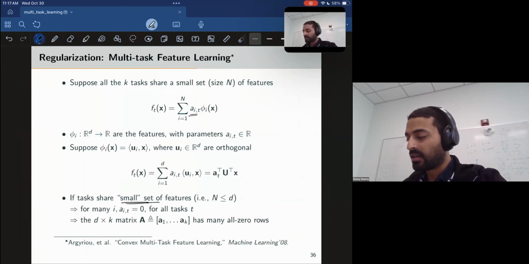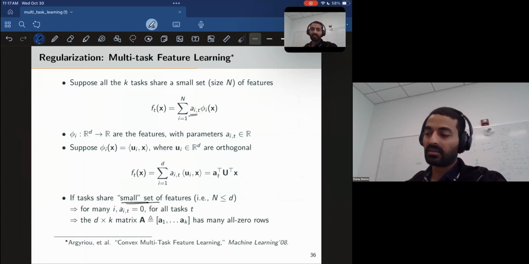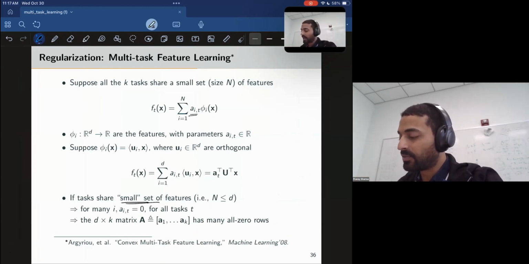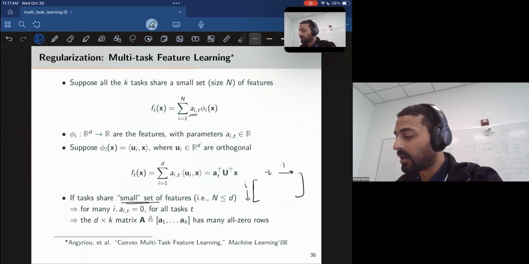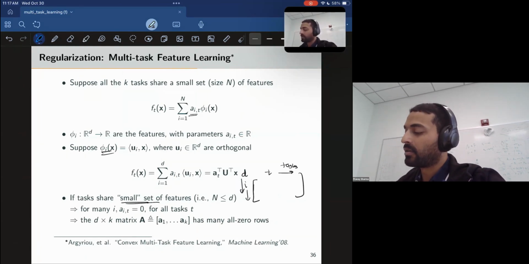If you collect all these A_it into a matrix, the I's become the rows and the T's become the columns, where T are the tasks and I's are the different feature functions phi I. So you have a D cross K matrix.